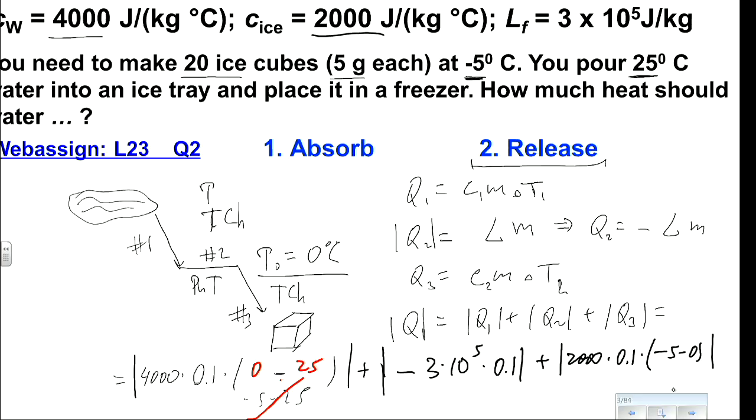As you can see, inside those vertical bars, all numbers are negative. Yeah? 0 minus 25, negative, negative 5 minus 0. But we're calculating the absolute value of everything. And now you can finish the calculation, and that will give you how many joules the freezer should take away from water to cool it down, to freeze it, and then to cool down that piece of ice to negative 5 degrees.